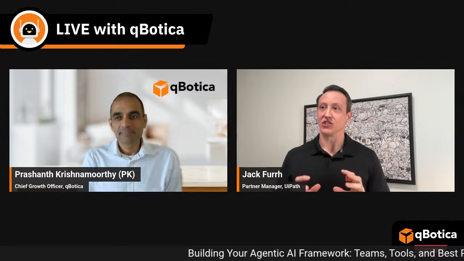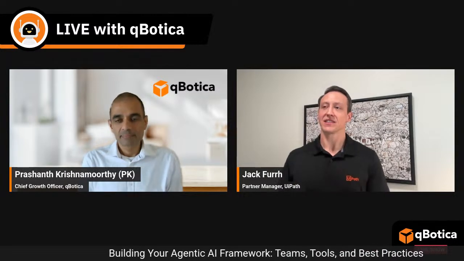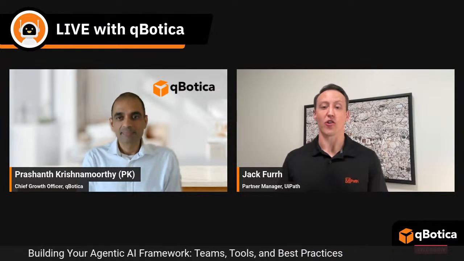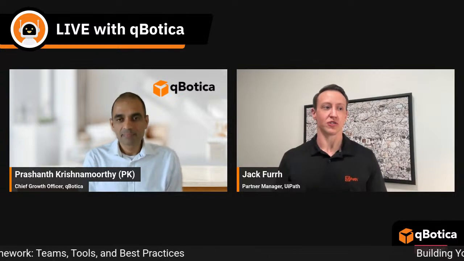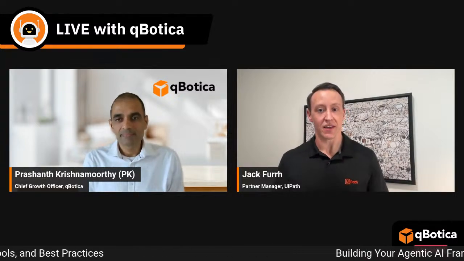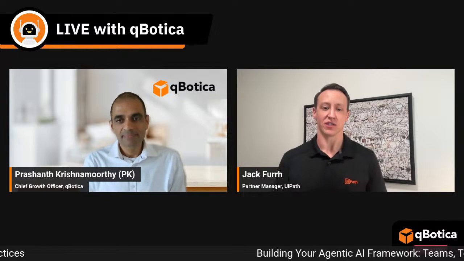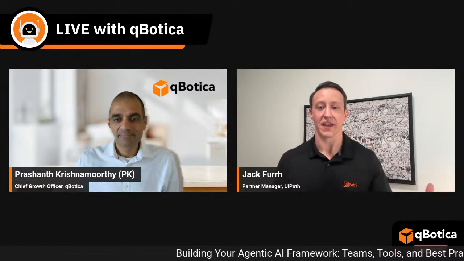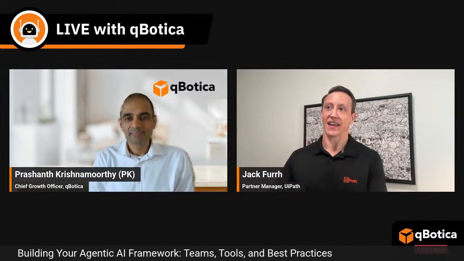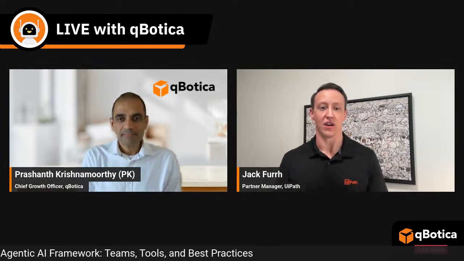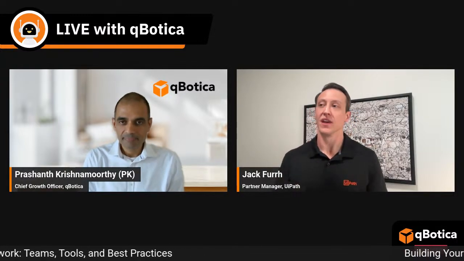We really see agentic as kind of the next evolution of our RPA journey. UiPath, if you know, is of course traditionally, historically, an RPA company, robotic process automation. We're the market leader in RPA, and we really see agentic as the next evolution of robotic process automation.